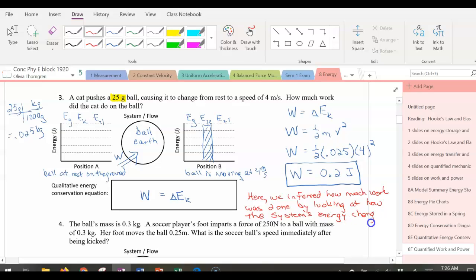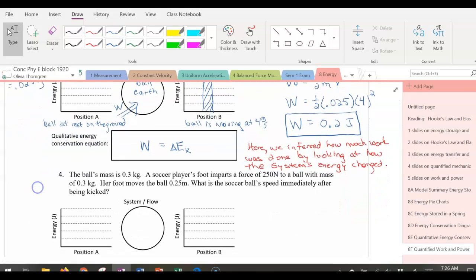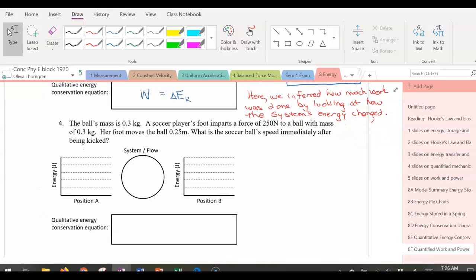Okay, let's look at the next problem, number 4. It also involves a ball, and here the ball is a soccer ball that has a mass of 0.3 kilograms, and a soccer player pushes it with their foot, and they impart a force of 250 newtons and move the ball 0.25 meters. So look at this. They're imparting a force and moving the ball.